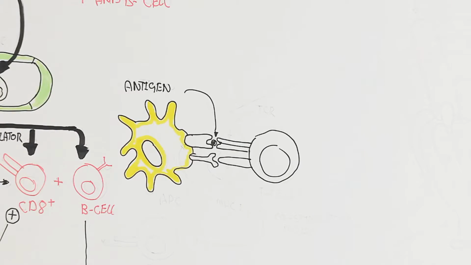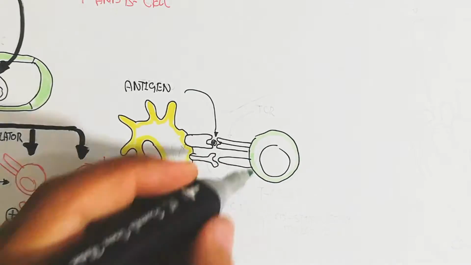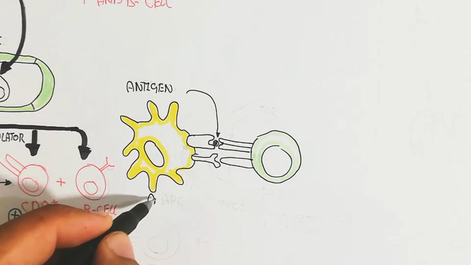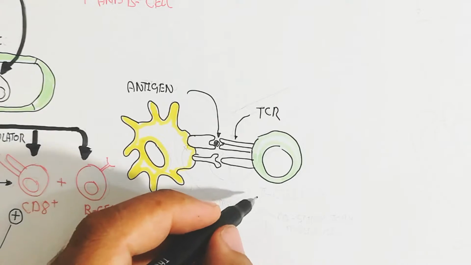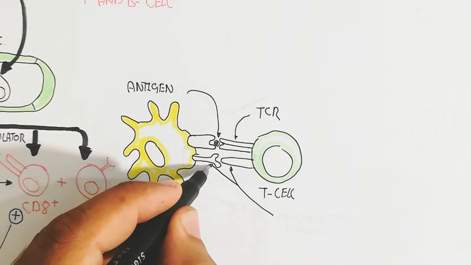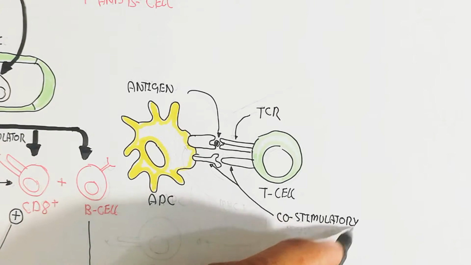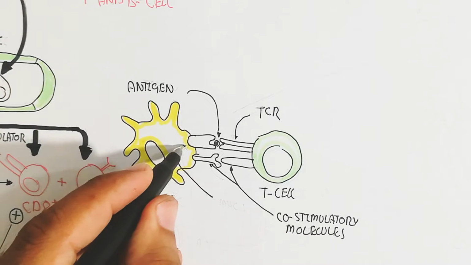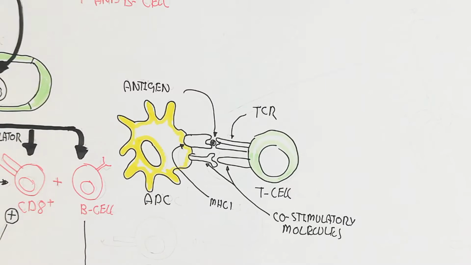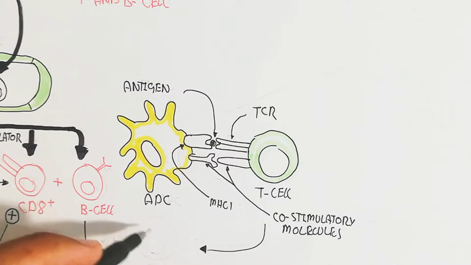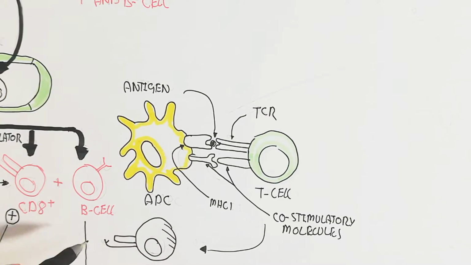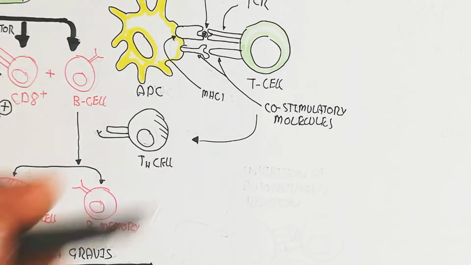And here you can see the antigen presenting cell recognized by the naive T cell through the T cell receptor and MHC class 1 molecule and the co-stimulatory molecule. In this way it will proliferate the T cell into the different cells we discussed before.